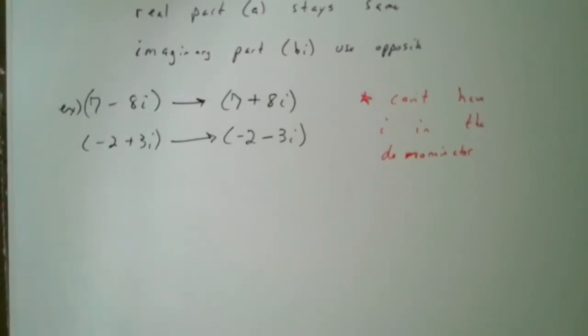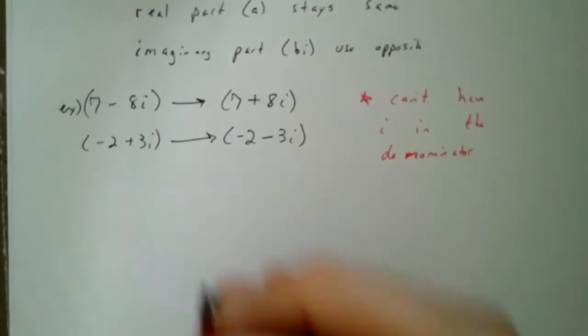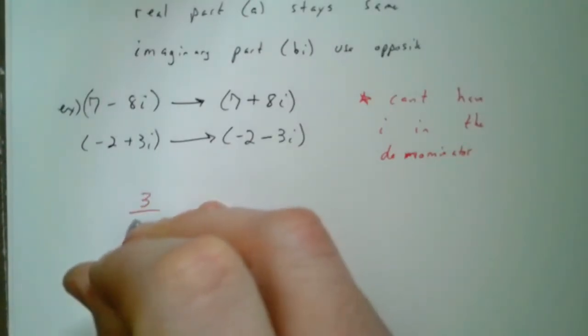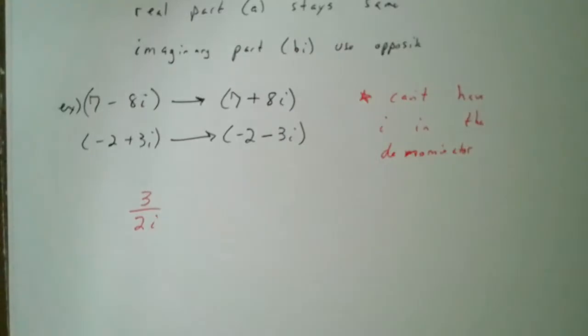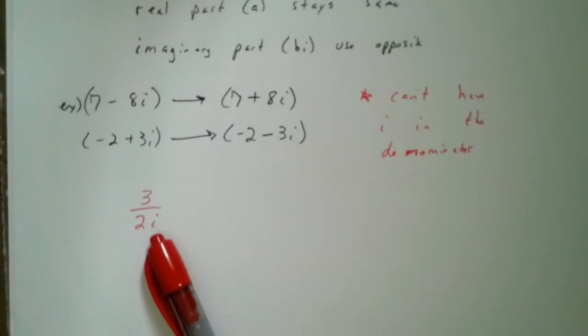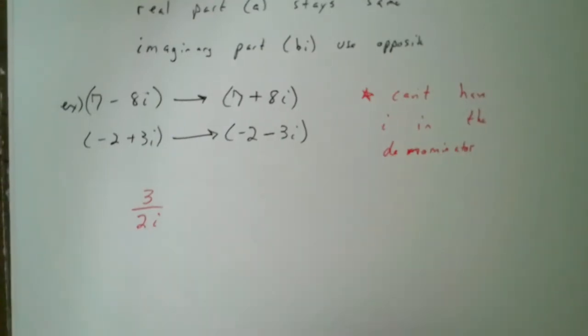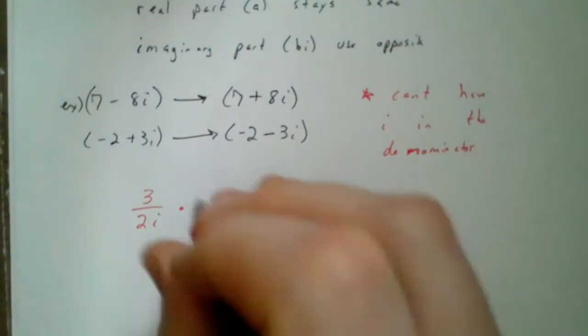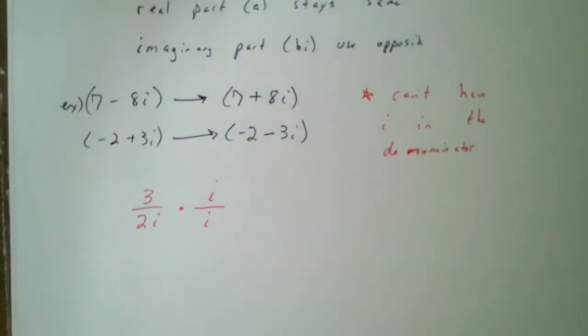So we can handle this a couple different ways. Just a real easy case: if you have something like 3 over 2i, I can't have i in the bottom. Good news is, if I multiply any imaginary number by any imaginary number, it becomes real. So in a case like this, I simply multiply by i on the bottom, and I'll multiply by i up top.